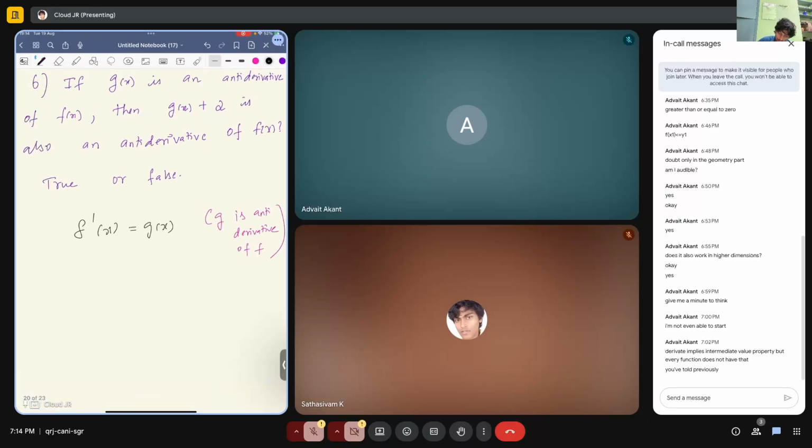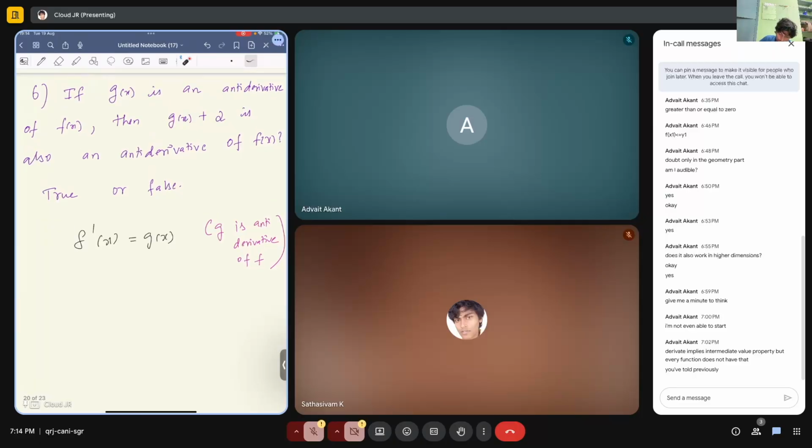But the claim is whether g plus 2 is also an antiderivative. Oh sorry, I wrote it wrongly. g is an antiderivative means g prime of x is equal to f of x.